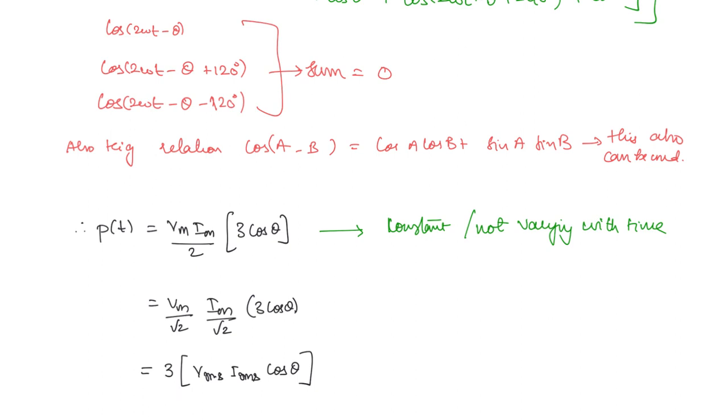Since you have 3 phases here, you have 3 times Vrms Irms cos θ. So this is the instantaneous power. Then what will be the average power? When the instantaneous power is constant, the average power will simply be equal to this constant value only.